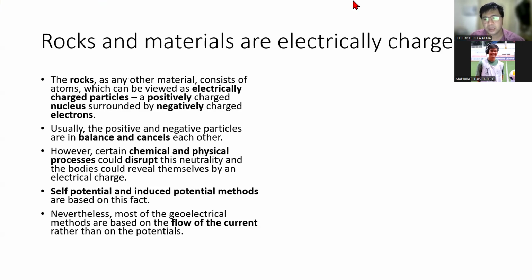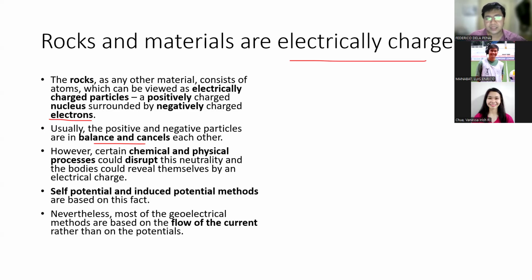The important premise here is that rocks and materials do have electrical charge. They are generally neutral. However, once you introduce an imbalance, like a physical or chemical process, you can trigger the materials to rearrange themselves in terms of electrical charge.